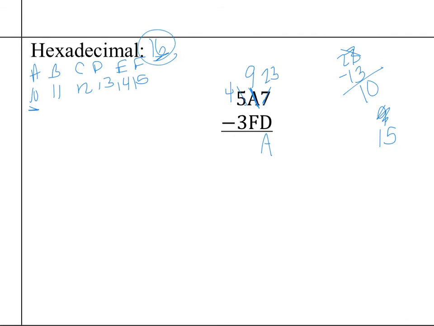It's 16 plus 9, which is 25. So when I subtract here, I get 10, which is again A. And then 4 minus 3 is just 1. So if I subtract 3FD from 5A7, I get 1AA in hexadecimal.